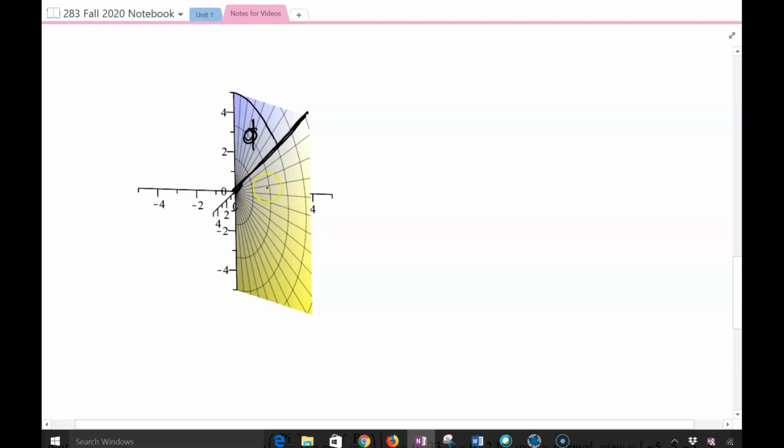So that's why we see these angles going out from the origin. We're talking about different values for the angle phi, and then rho can be any distance along that angle to generate a point on that graph.